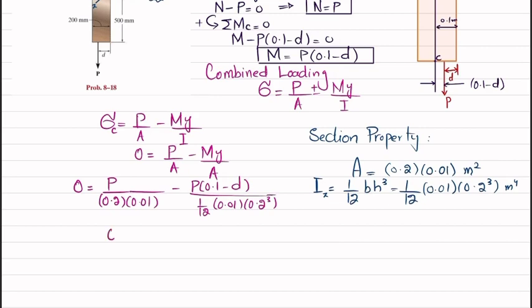So this will be equal to 0. If you simplify it and take P as common, you will get P times minus 1000 plus 15,000 into d is equal to 0.